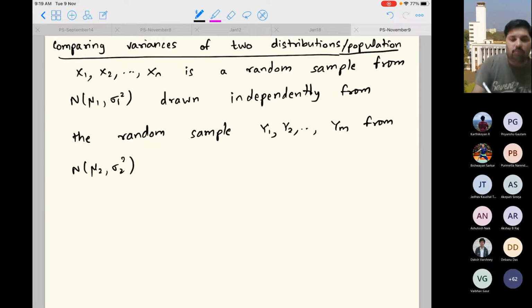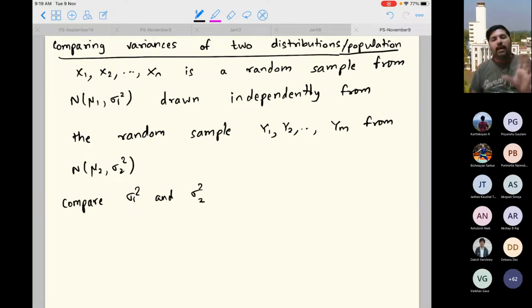So there are two densities and I want to compare sigma 1 square and sigma 2 square, right? Compare meaning I want to find out which distribution has higher variance. That's what I want to find out.